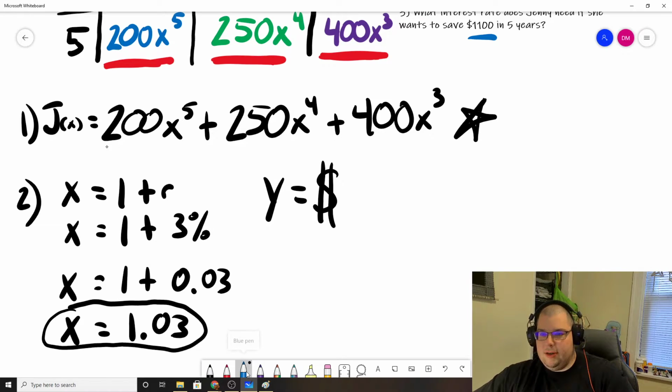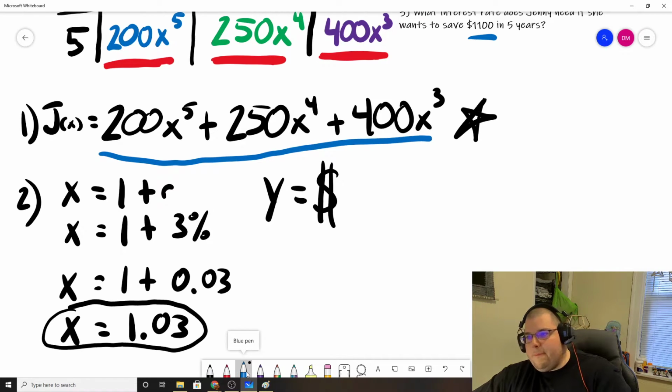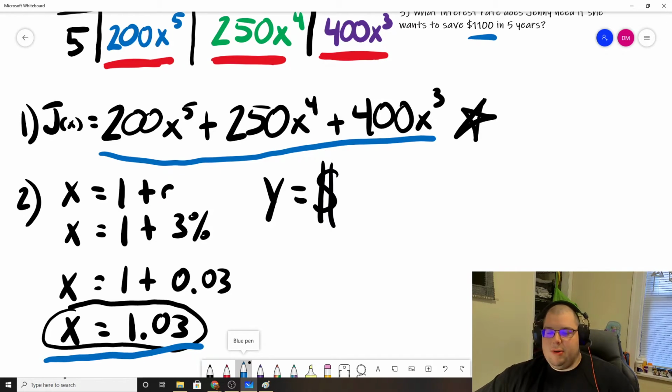We're going to put this polynomial along with this x value into Desmos, and that intersection is going to give me a y value that will be my answer to this question. So here we go.